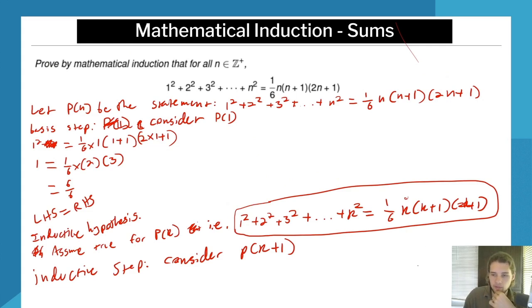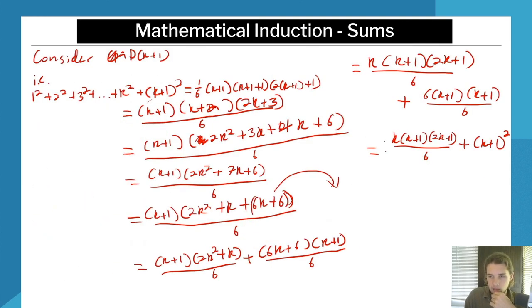We basically have this right side over here. We've created that. That's the same as this. And then all we have is an extra k plus 1.